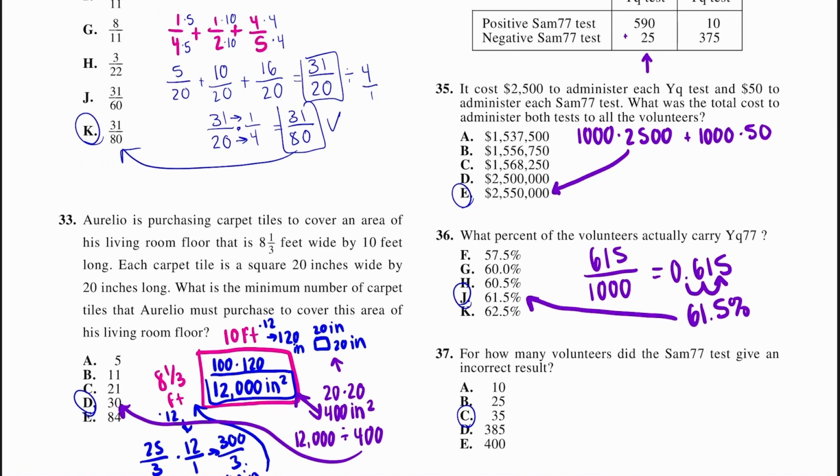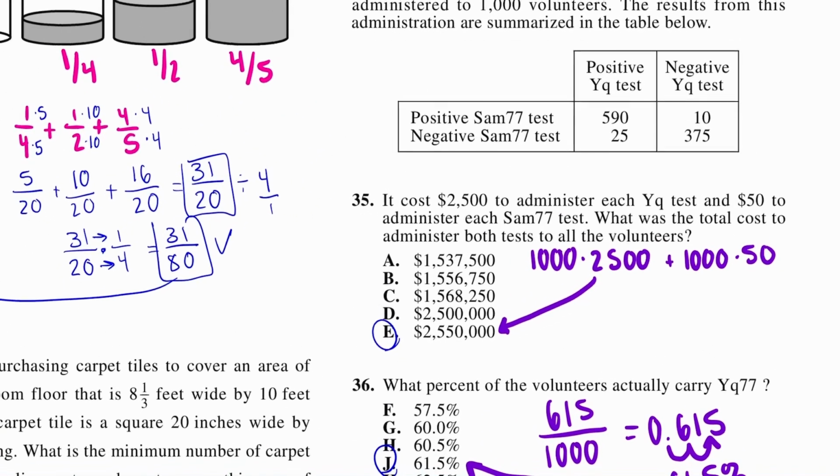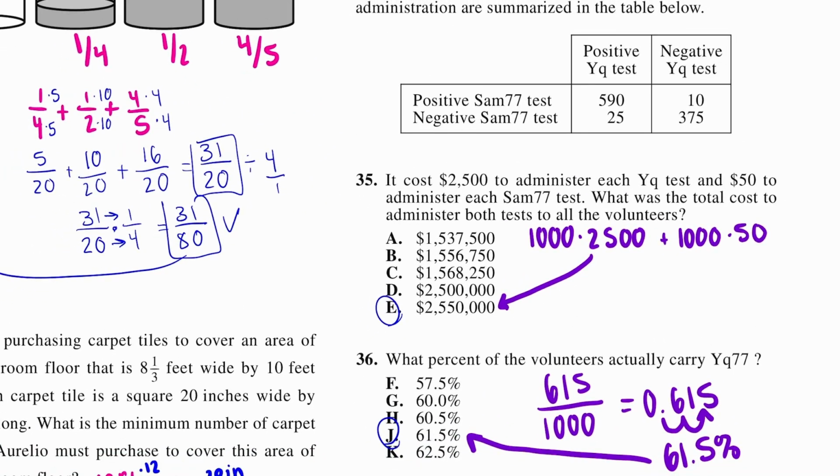All right, for how many volunteers did the SAM77 test give incorrect results? So let's look on our chart here. When did our SAM77 give incorrect results? Here, these people got a positive SAM and a positive YQ. These people got a positive SAM77 and a negative YQ.